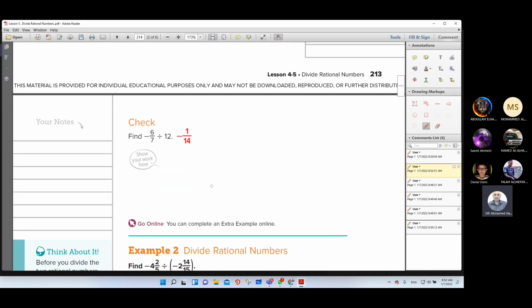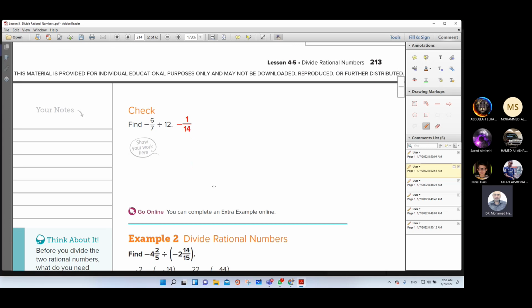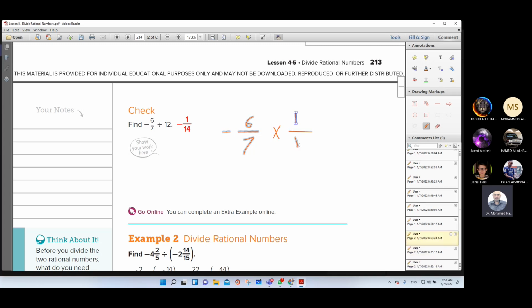In this example, you have negative 6 over 7 divided by 12. So we can use the rule. Keep the first number, negative 6 over 7. Change from divide to multiply. Then find the reciprocal of 12. What is the reciprocal of 12? 1 over 12.